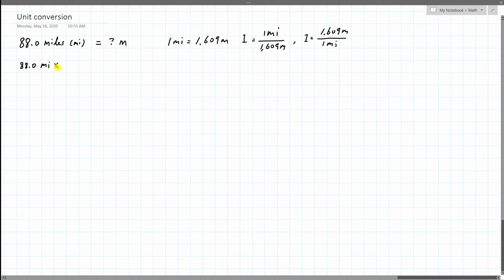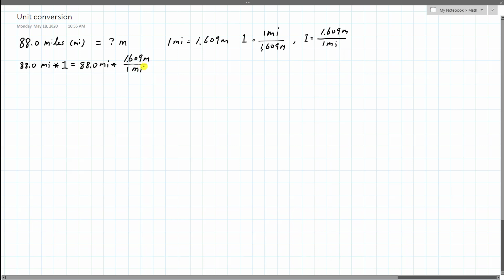So I'll multiply this thing by a 1. I'm only going to do it once, just stating the obvious. Multiplying by a 1 doesn't change anything, but this 1 can be replaced by this one. Okay, so 1609 meters over a mile, that is a 1.